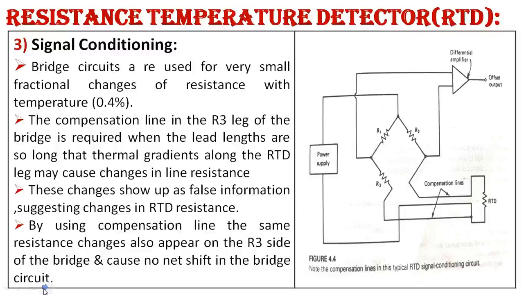The compensation line in the R3 leg of the bridge is required when the lead lengths are so long that thermal gradients along the RTD leg may cause changes in line resistance. These changes show up as false information, suggesting changes in RTD resistance. By using a compensation line, the same resistance changes also appear on the R3 side of the bridge and cause no net shift in the bridge circuit.